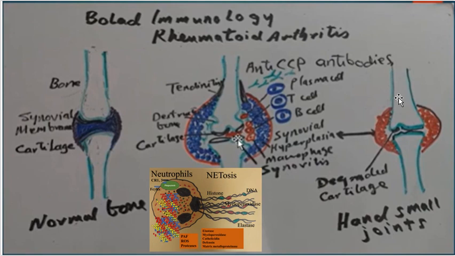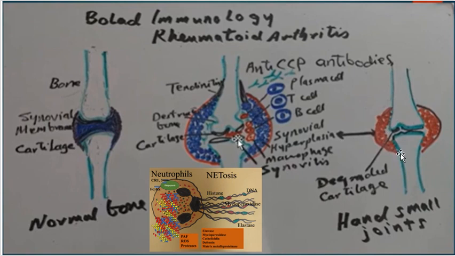This is the joint, and usually it affects small joints, but however it can affect a big joint. And rheumatoid arthritis will lead to destruction of bones and of the cartilage, and hyperplasia of the synovial membrane.